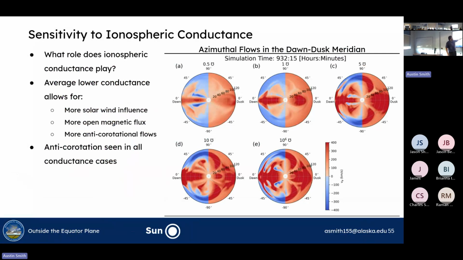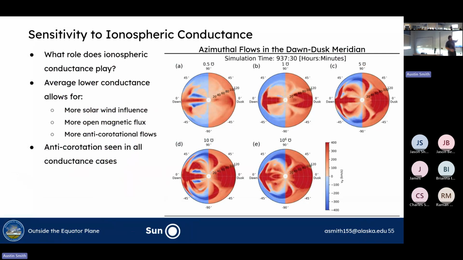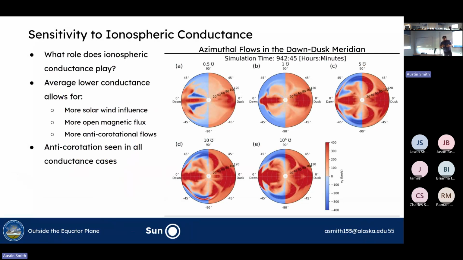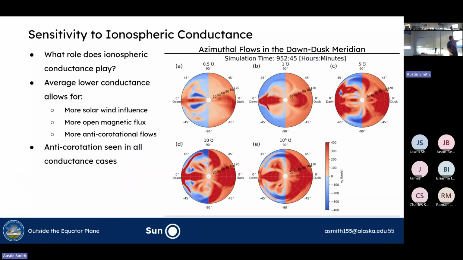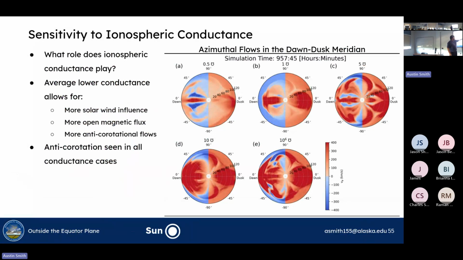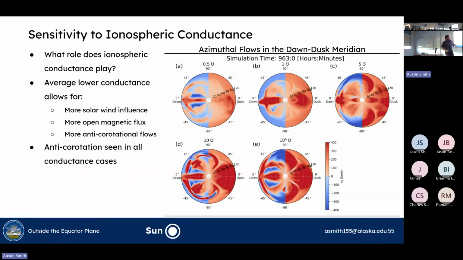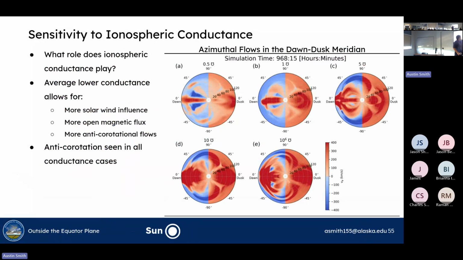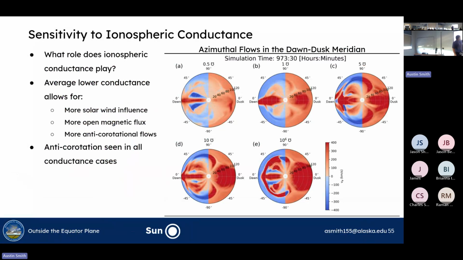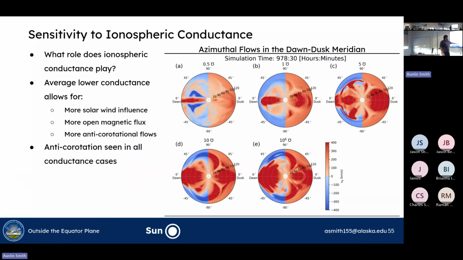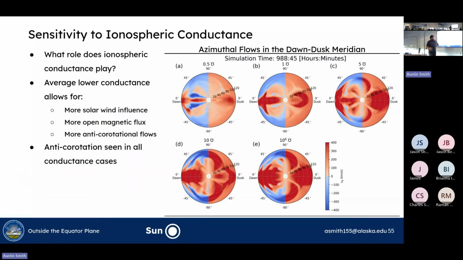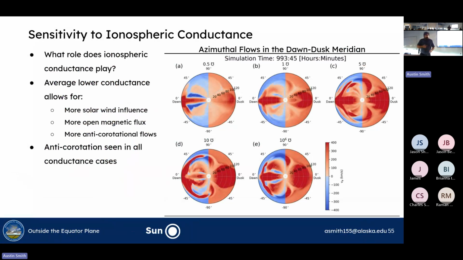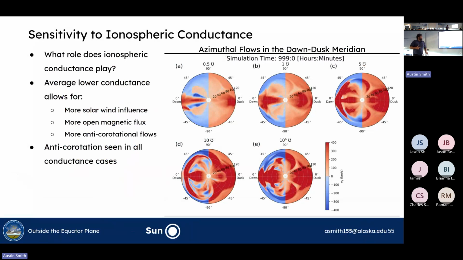And you can see in the lowest conductance case, it's almost constantly, and this is now also the dawn-dusk meridian, so not just a 3 local time slice, there's almost constant anti-co-rotation. Here in the 1 mho case, it's pretty consistently anti-co-rotation, but in the higher conductance cases, it's just reduced. Although there are instances where there is anti-co-rotational flow in the higher conductance cases.